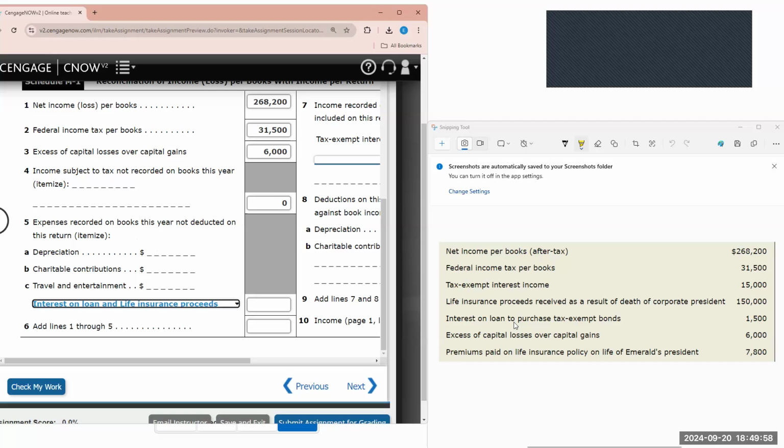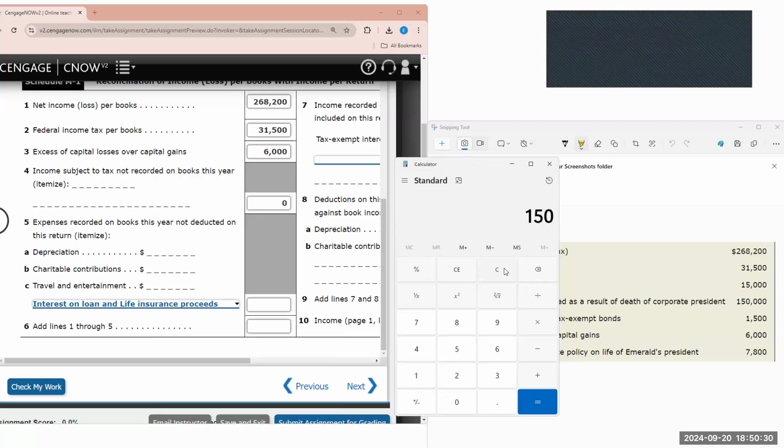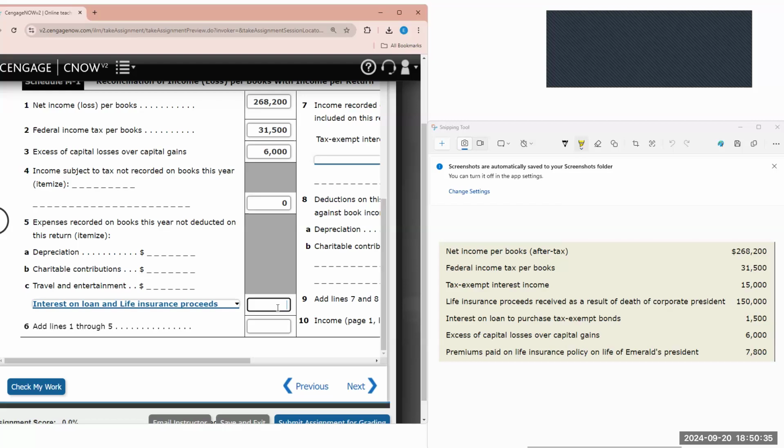We consider the interest on a loan to purchase the tax exempt bonds because it is reported for financial statement purposes, but because it is not included in taxable income, we add it back. So we have $1,500 for interest on loan to purchase tax exempt bonds. Then we have premiums paid on life insurance policies. We add the two, $1,500 plus $7,800, which gives us $9,300.